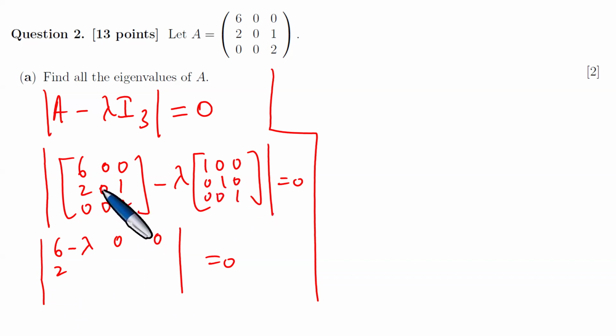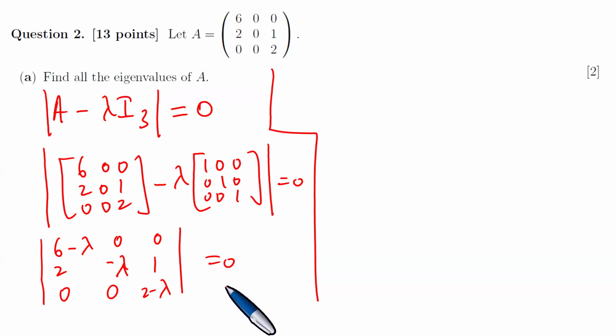And then this one is going to be 0 minus lambda, so it's minus lambda. Yeah, good. And then 1. This one is going to be just 1. Next, this one is going to be 0 minus 0, and this one is 2 minus lambda.